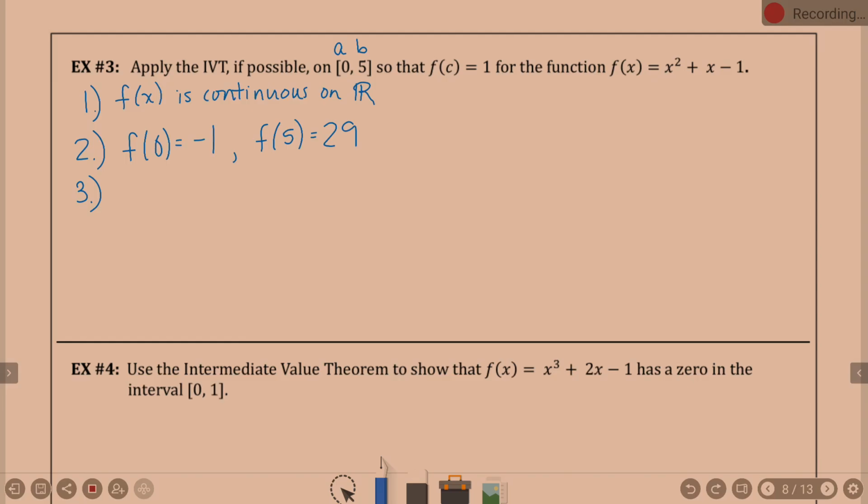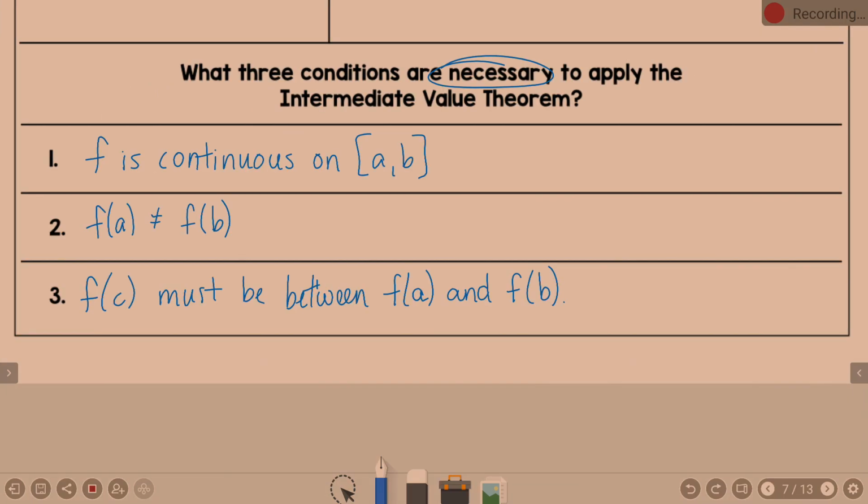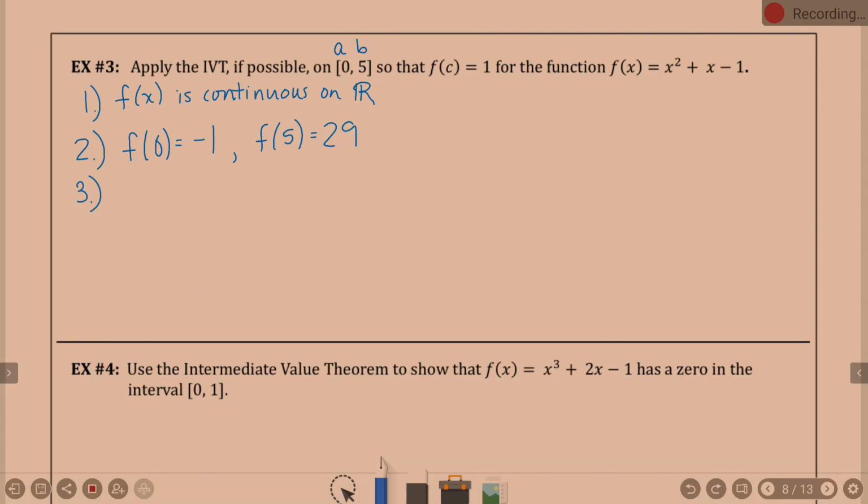Third part then. It's continuous, and the endpoints are not the same. F of C must be between f of A and f of B. So that means we're plugging 1 into this. Well, 1 is in between -1 and 29.